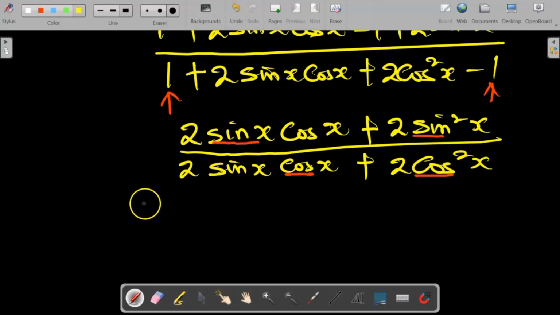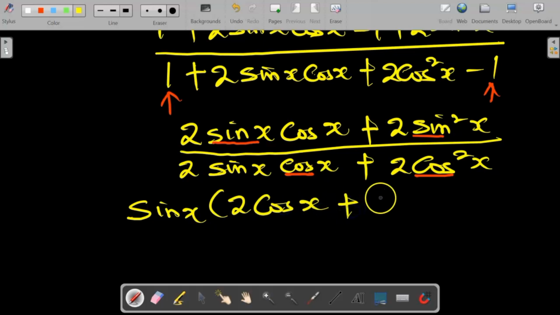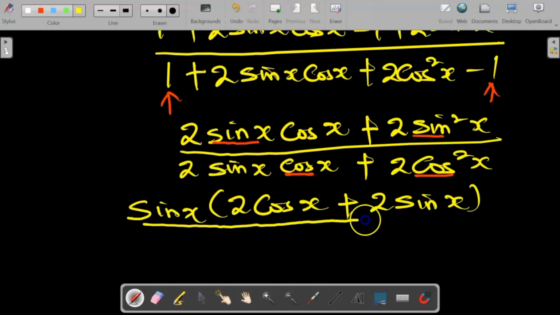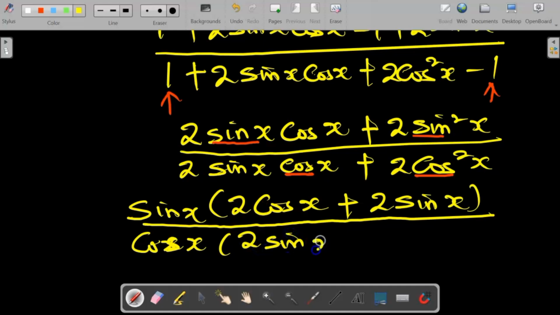In our numerator, we have sine x, open the bracket, 2 cos x plus 2 sine x, everything divided by, in our denominator, cos x as a common factor, so we have 2 sine x plus 2 cos x.